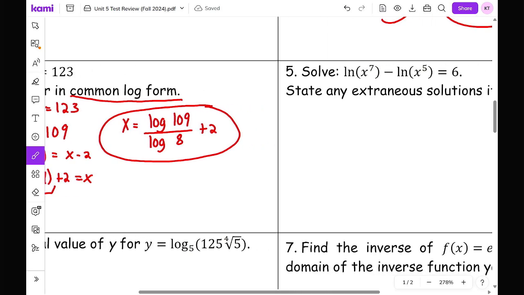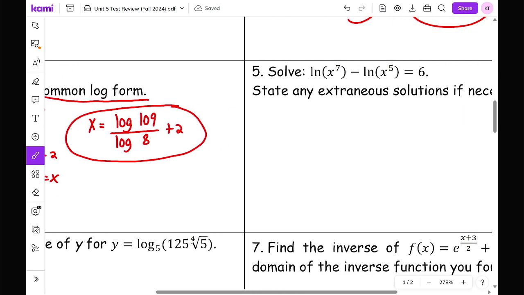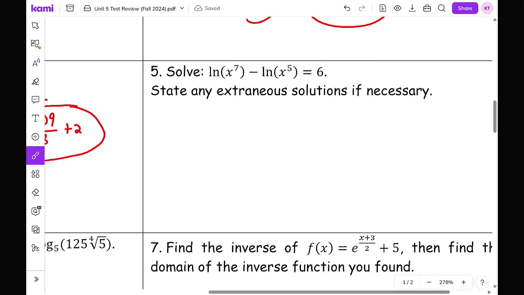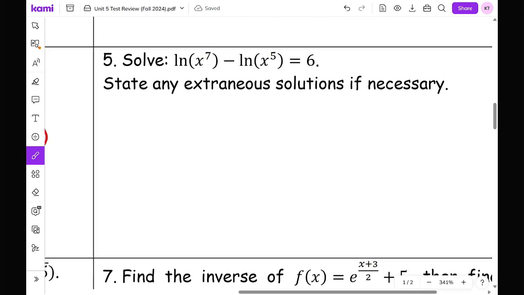All right, number 5 here, I'm solving the natural log of x to the power 7 minus the natural log of x to the power 5 is equal to 6, and I'm stating any extraneous solutions if we have any. So I will have the natural log of x to the power 7 minus the natural log of x to the power of 5 is equal to 6.